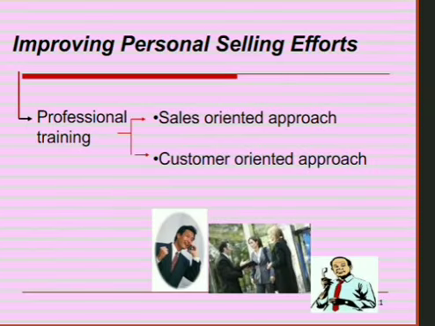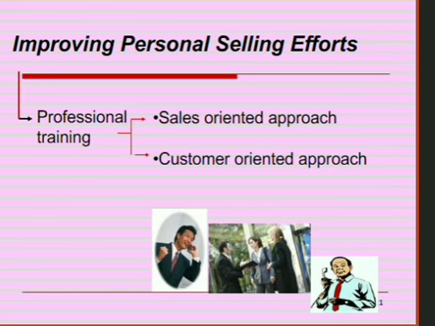Next we'll move to professional training. Professional training provides training to the salesperson to enable an organization to improve the performance of poor performers and also to enhance the performance of good performers.